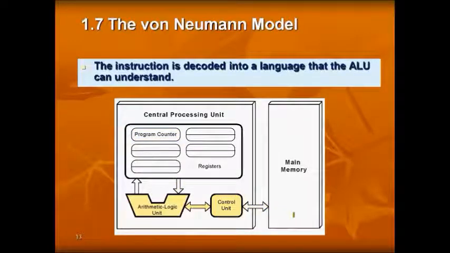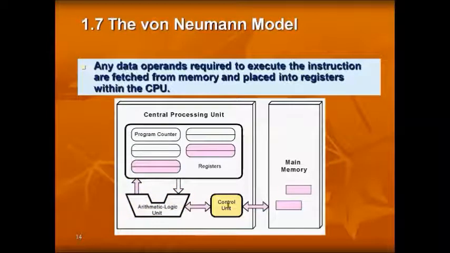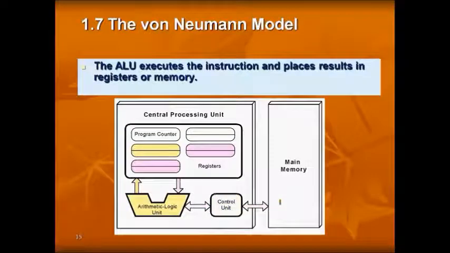The instruction is decoded into a language that the ALU can understand. Any data operands required to execute the instruction are fetched from memory and placed into registers within the CPU. The ALU executes the instruction and places the result in registers or memory.